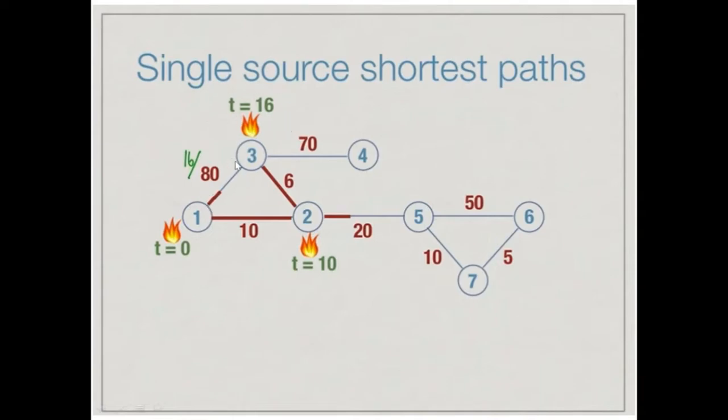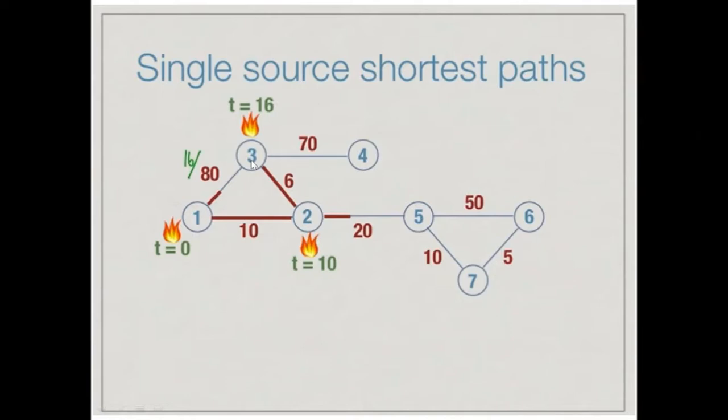As you can see from this line, the fire is still in the initial stages of the pipeline, because the total time for fire to reach depot 3 via this pipeline is 80 seconds. So this is what I'm talking about, the shortest path. The shortest path in weighted graphs is decided on the basis of the weights of the edges.